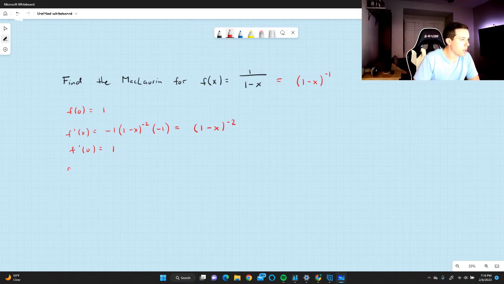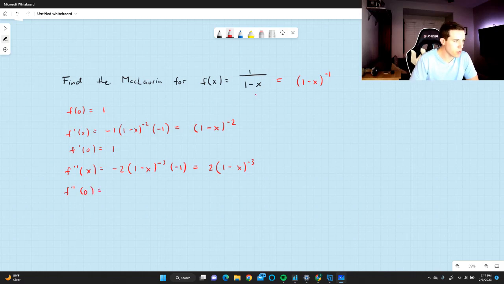All right, let's find the second derivative. The second derivative is going to be negative 2 times 1 minus x to the negative third times negative 1, which again, the negatives are going to keep canceling, by the way, and we're left with 2 times 1 minus x to the negative 3. So when we plug 0 into that, we get 2.